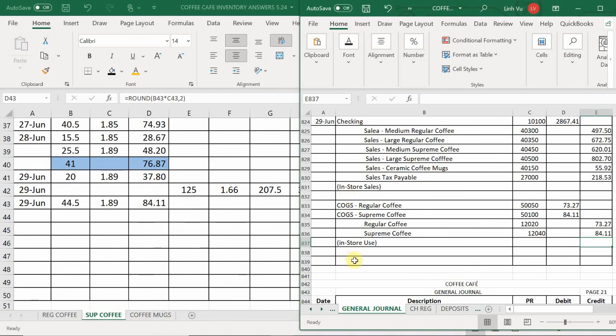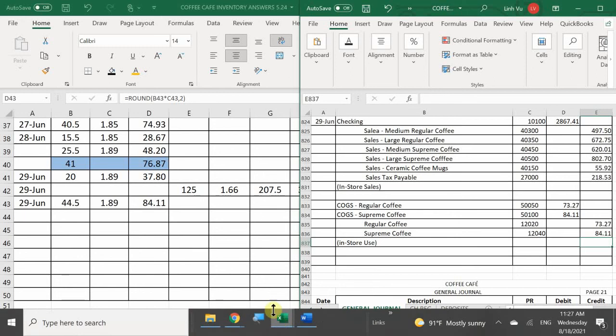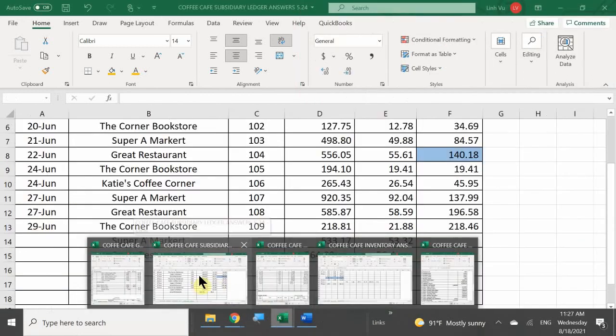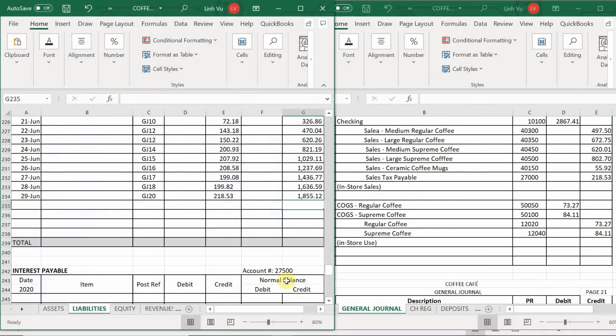So now that our journal is done, we can go ahead and plug those numbers into our ledger here.